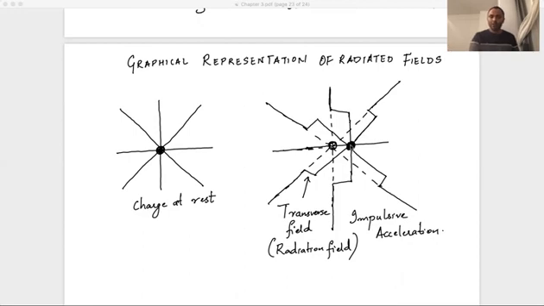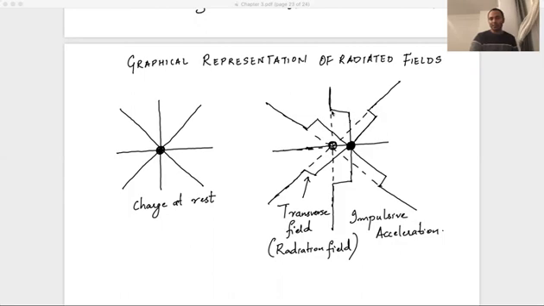So the fields close to the charge again have that radial structure. But away from the charge, that information has not reached yet. So away from the charge, the electric field behaves as if the charge were still in its original position at rest, with the fields all pointed radially outwards, as if emanating from this point here at the center.